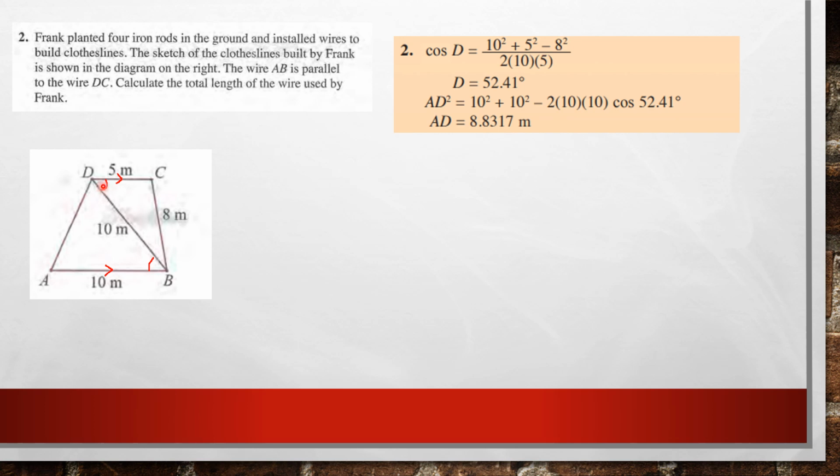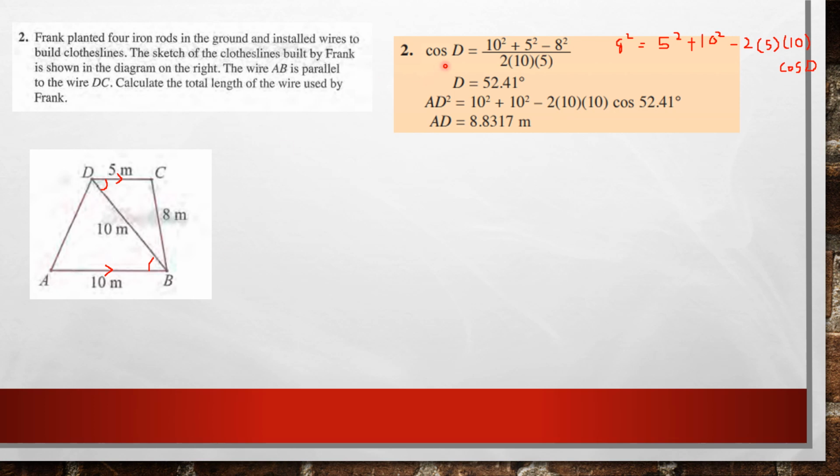Cos D here. That means the opposite side will be 8. So 8 square equal to, you just apply the cosine rule, 5 square plus the other side, that is 10 square, minus 2 times 5 times 10 times cos D. Then after that, you solve this.